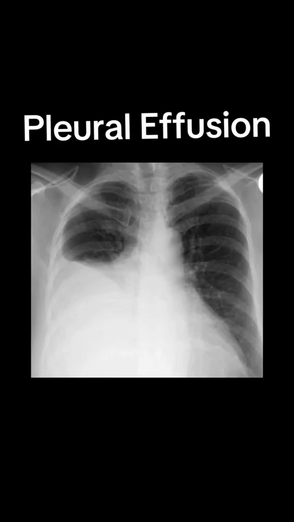So from the capillaries, it enters the visceral pleura and then into the pleural space. The conditions associated with transudative pleural effusion include cirrhosis, congestive heart failure, and nephrotic syndrome. These are the most commonly asked situations associated with transudative effusion.